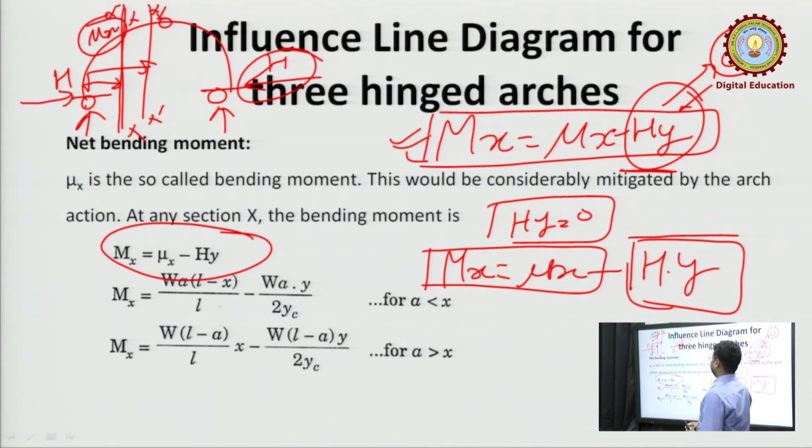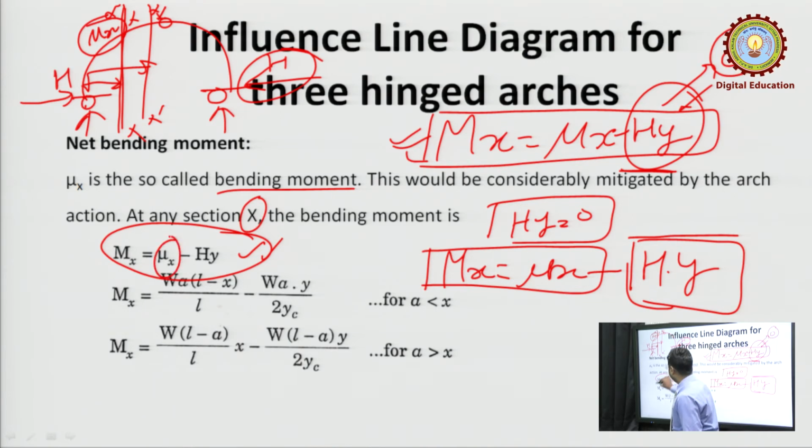You can also read that mu x is the so-called beam bending moment. As we know, mu x equal to Mx. This would be considerably mitigated by the arch action. At any x, the bending moment is Mx equal to mu x minus Hy. Okay. Now you know the value of mu x, you know the horizontal thrust.